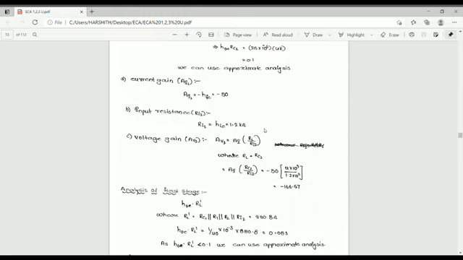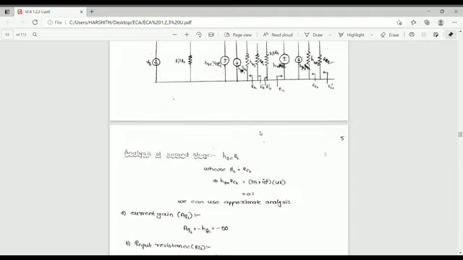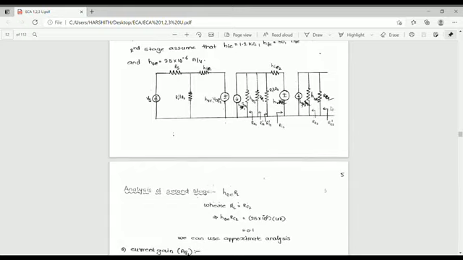Okay, and analysis of the first stage. First of all, RL as a load resistance: all resistors are in parallel. RC1 in parallel with R1, R2 and RI2.